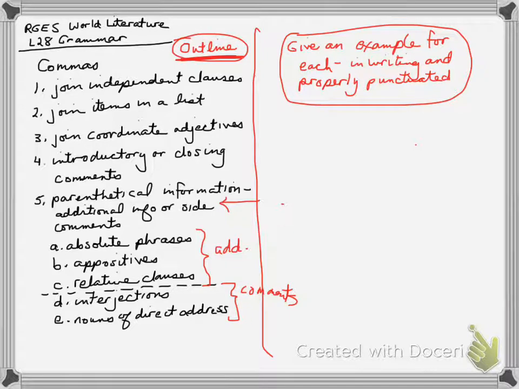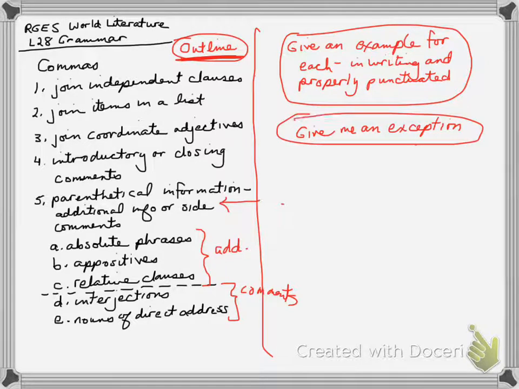The other thing I want you to do is give me an example of an exception when it's required, when it exists. Not all of these have an exception, but certain ones do.